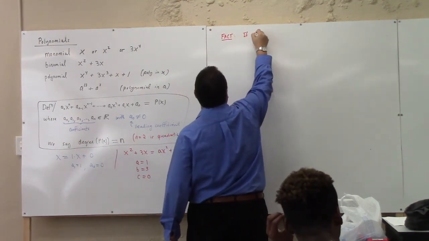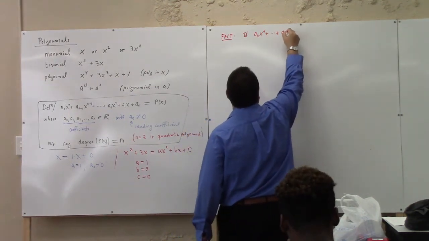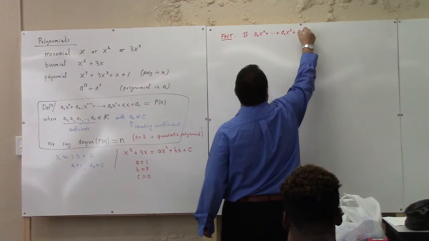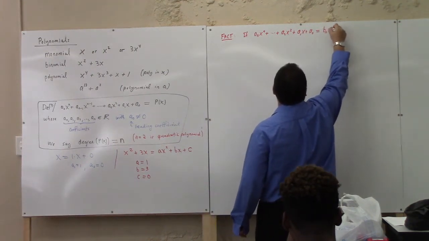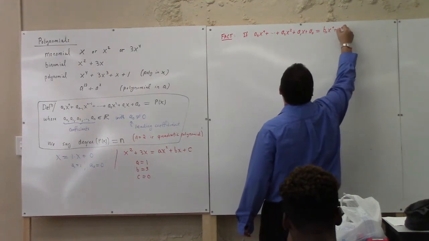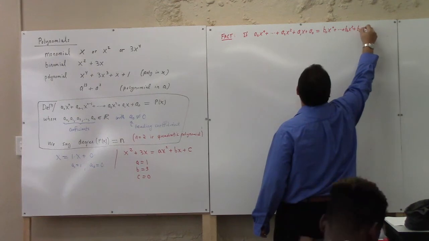if you have a_n x to the n plus ... plus a2 x squared plus a1 x plus a0 equal to, say, b_n x to the n plus ... plus b2 x squared plus b1 x plus b0.